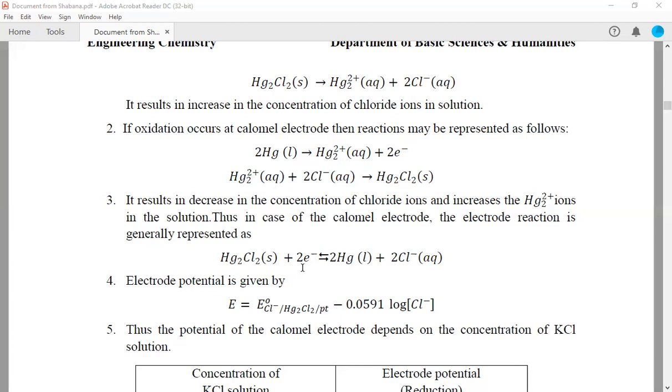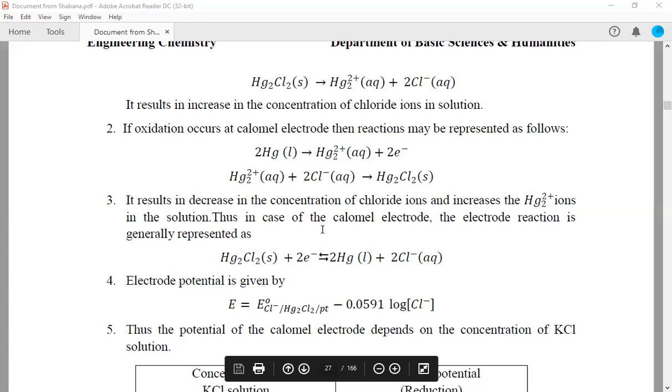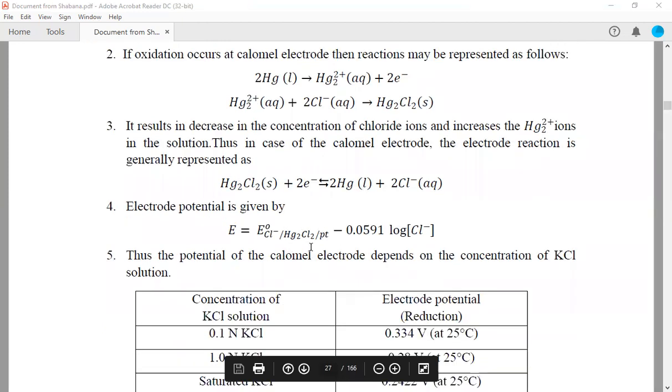Mercurous chloride takes 2 electrons and is converted into liquid mercury along with the elimination of the chloride ion, and the electrode potential is given as E = E0 Cl-|Hg2Cl2|Pt, because we take the platinum wire as electrode, minus 0.0591 log of the concentration of the Cl- ions.